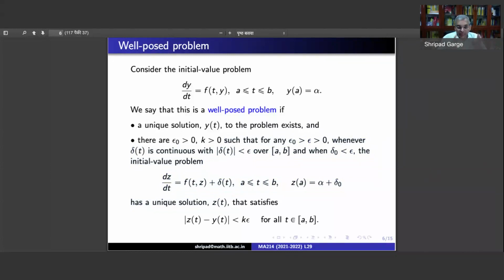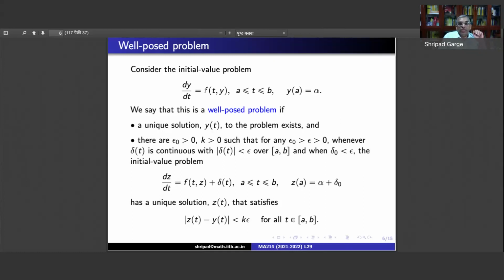This is the statement, and let me now try to explain this to you. First of all, our initial value problem should have a unique solution. And now we are making small perturbations. In our initial value problem, the perturbations can be made in two ways.